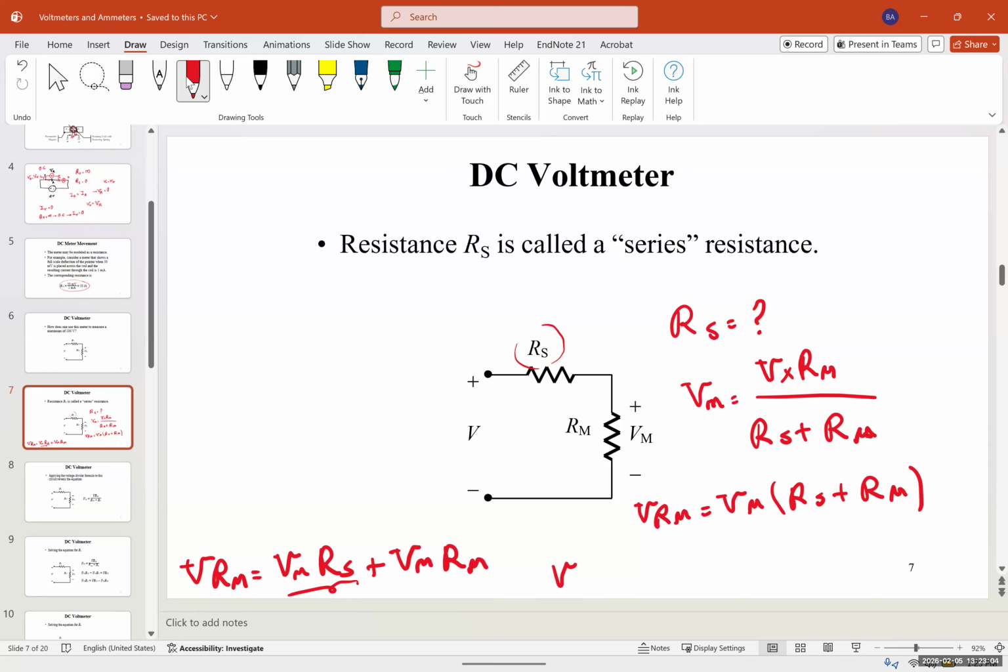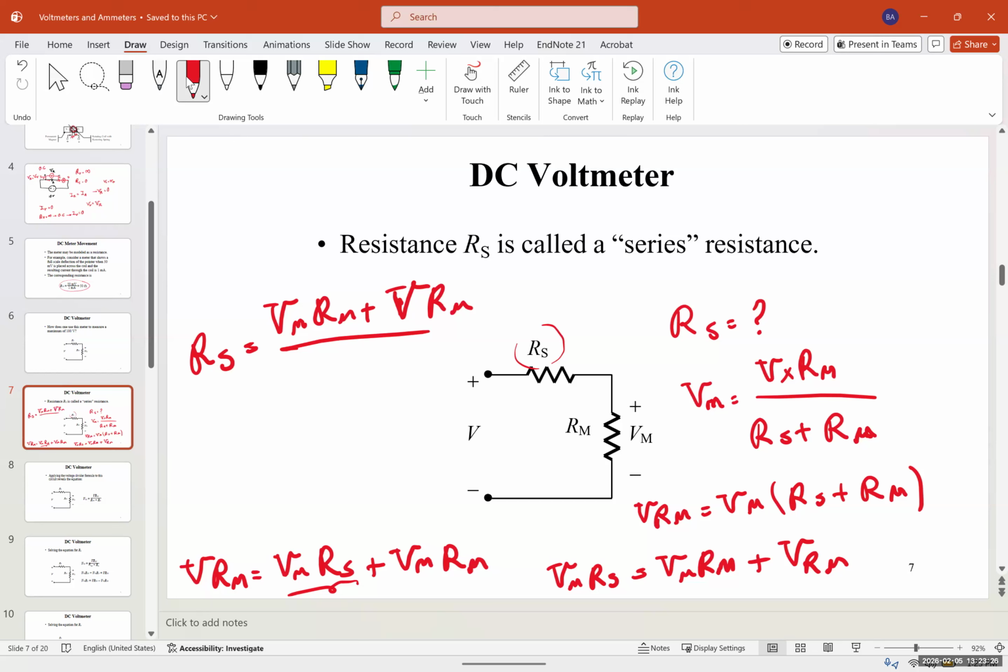So Vm Rs would be equal to V Rm minus Vm Rm.